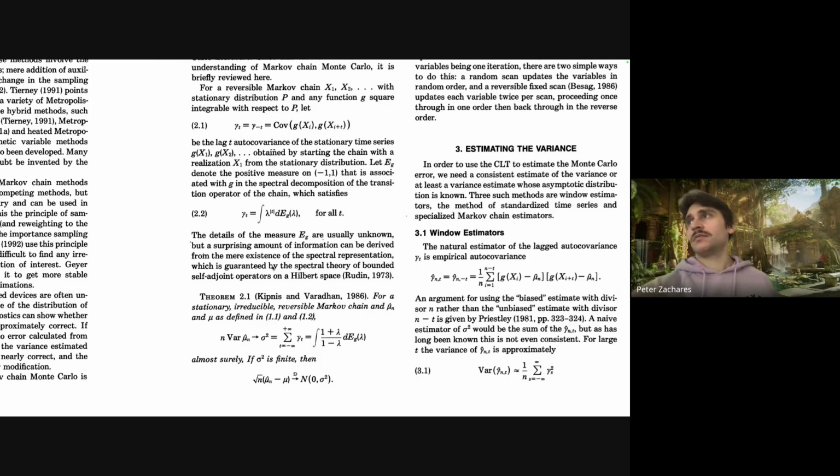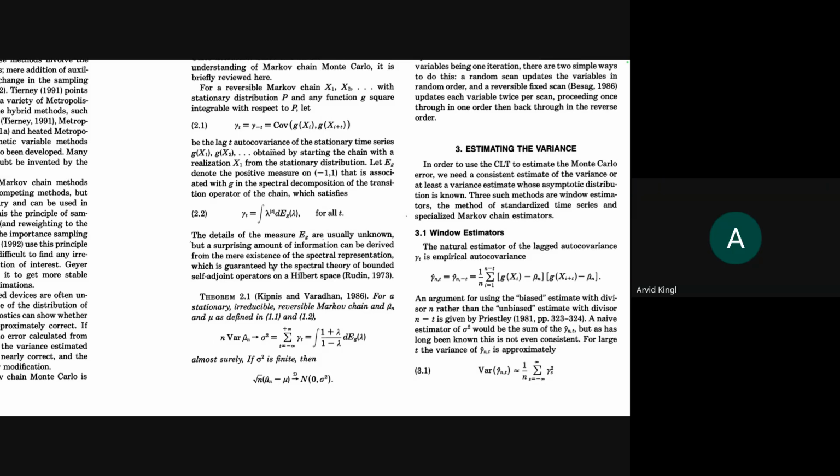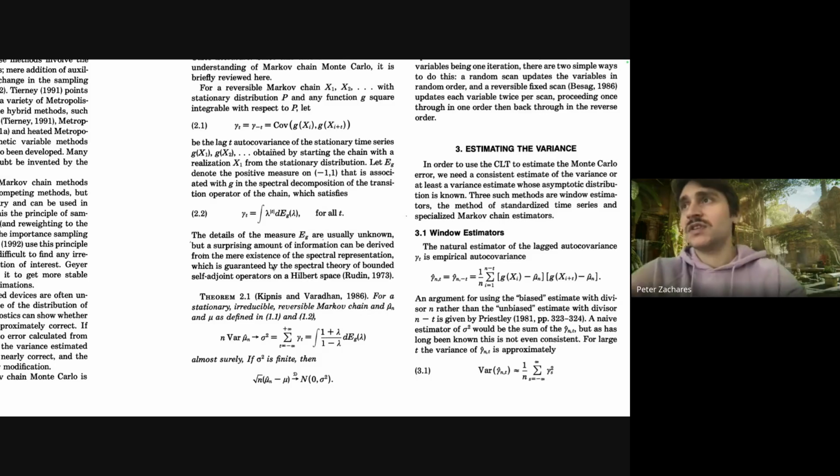So the samples aren't independent of each other, because for MCMC they never will be. But if they're well mixed, that means the dependence between them decays exponentially with the number of steps. I think those are the two assumptions that have to be met in order for this result to hold.